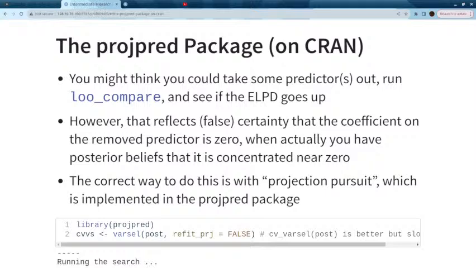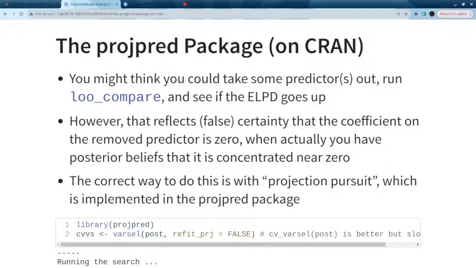So you might think, well, I'll just take stuff out of the model and see how ELPD changes. That's technically not right, because if you take stuff out, you're basically conditioning on that coefficient being exactly 0. But if you leave it in, you're not sure if it's exactly 0.